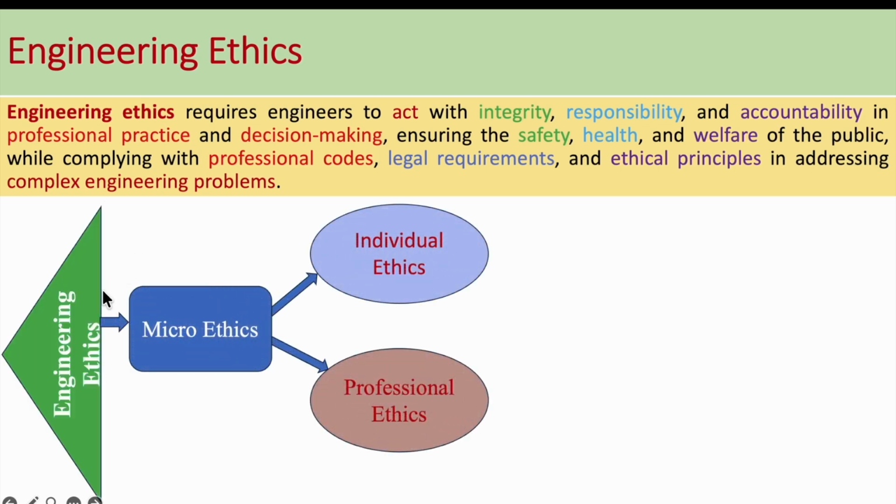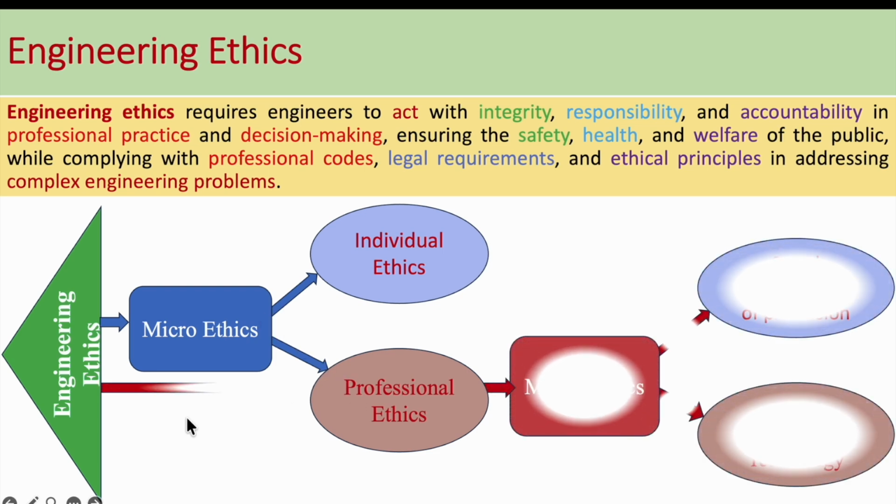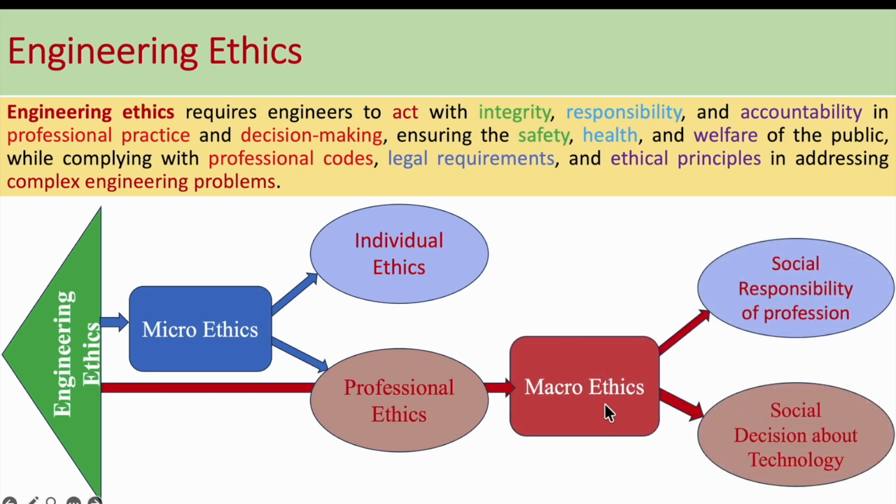Engineering ethics can be microethics, which is further divided into individual ethics and professional ethics, or macroethics, which is further divided into social responsibility of the profession and social decisions about technology.